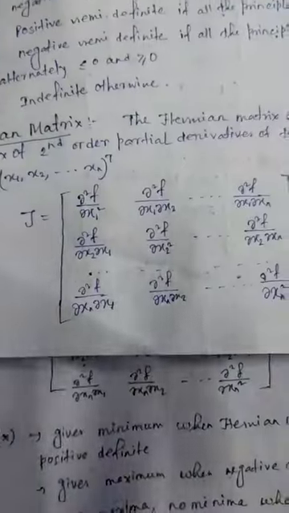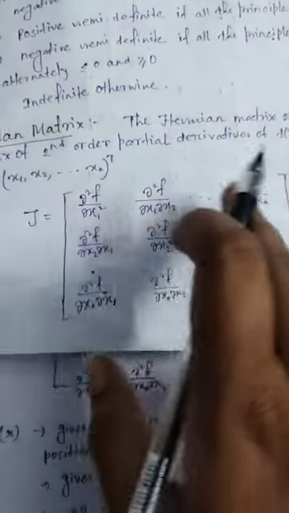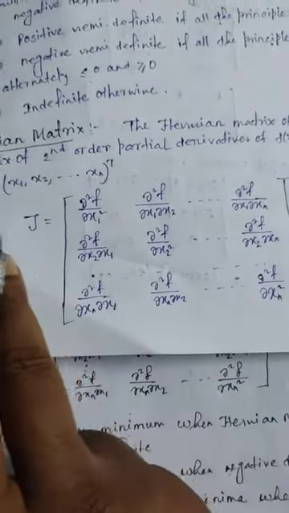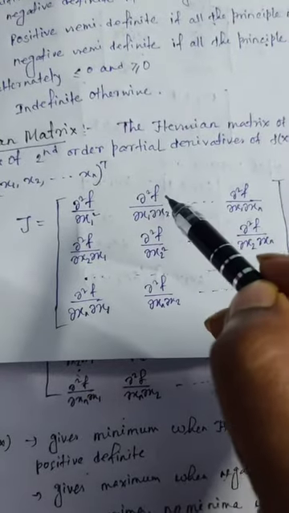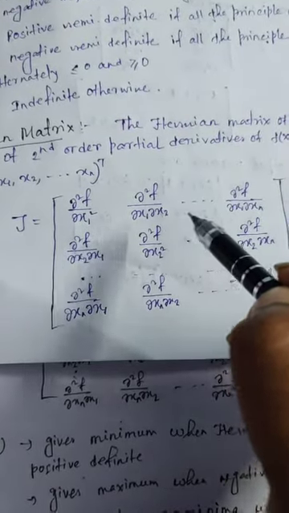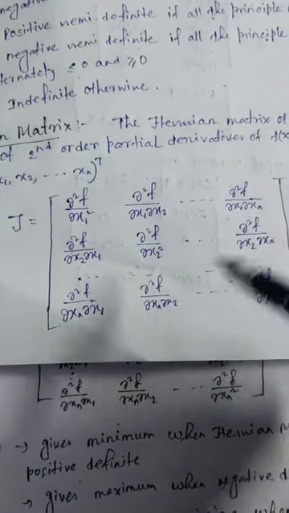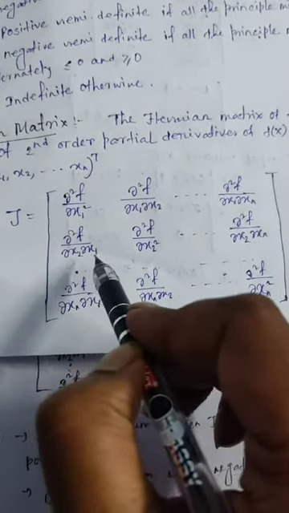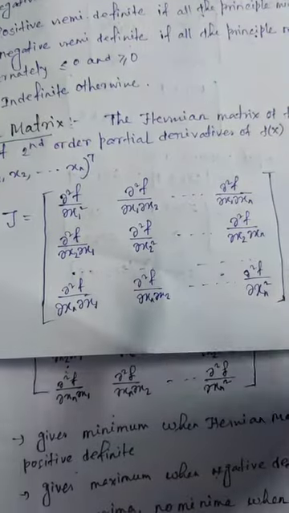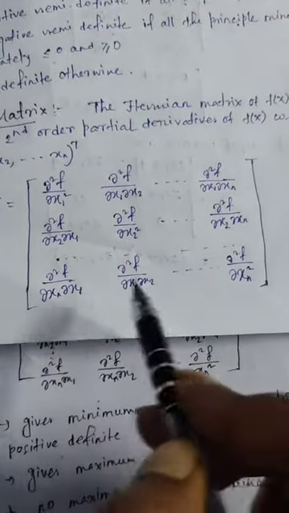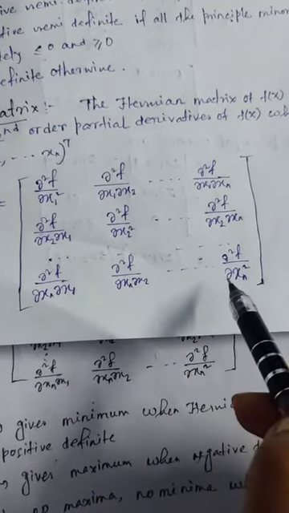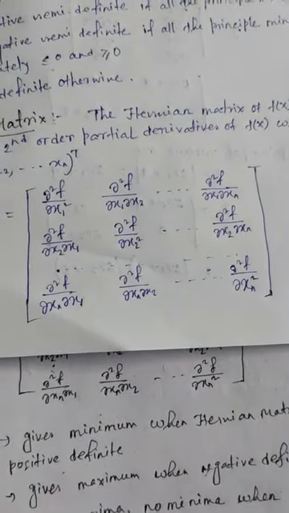The Hessian matrix is defined by this term: J is equal to the matrix of del 2f del x1 squared, del 2f del x1 del x2, dot dot, del 2f del x1 del xn; del 2f del x2 del x1, del 2f del x2 squared, dot dot, del 2f del x2 del xn; and del 2f del xn del x1, del 2f del xn del x2, dot dot, del 2f del xn squared.